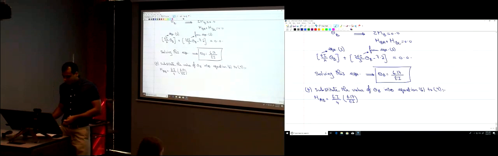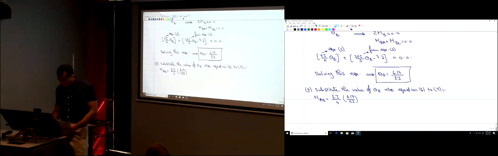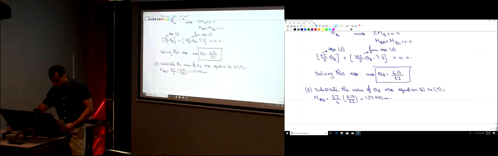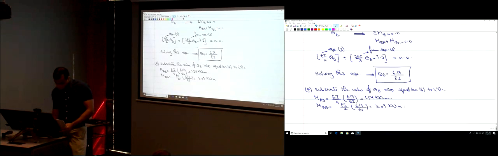So the EI cancels with the EI, so it's 6.17 divided by 4, 1.54 kilonewton meters. That's MAB. What about MBA? That's equation 2. I'm substituting in equation 2. It was EI divided by 2 multiplied by theta b, which is 6.17 divided by EI. So this is 3.09 kilonewton meters.